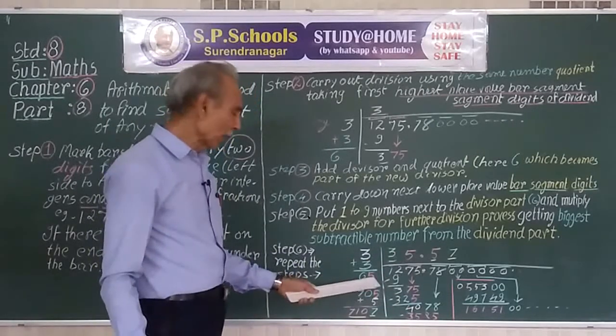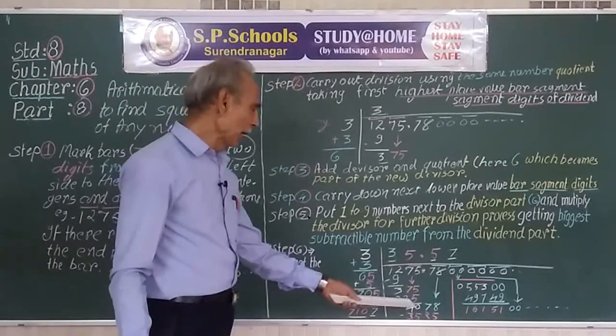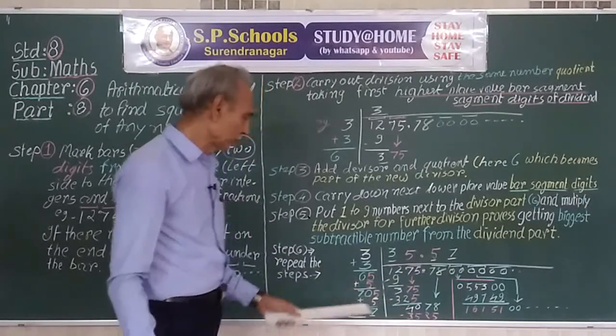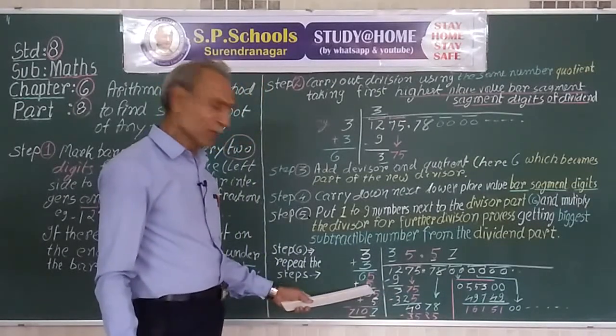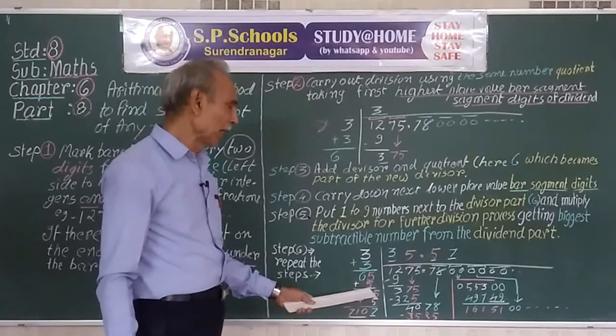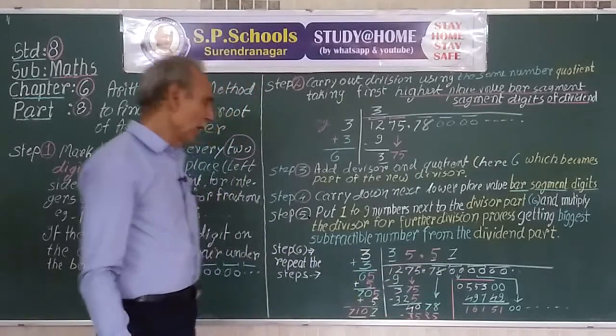If you put 2 here, multiply 62 by 2 and get the subtractable part for the dividend. If you put 3 here, multiply 63 by 3 and get the part.